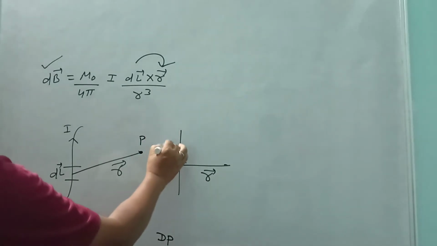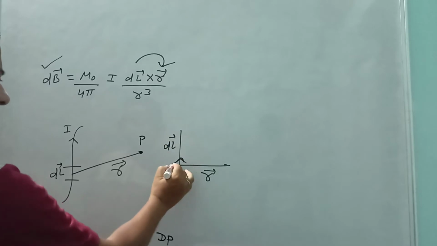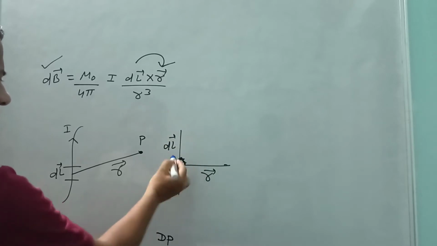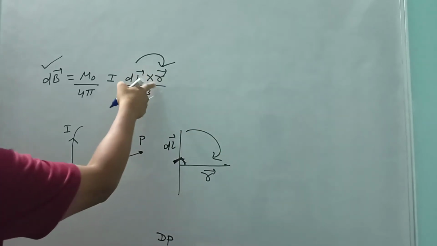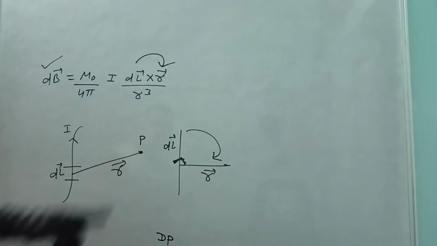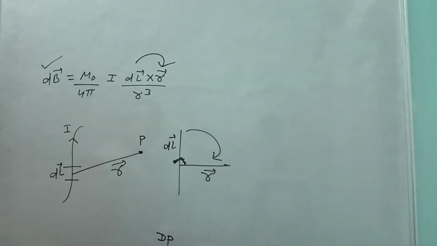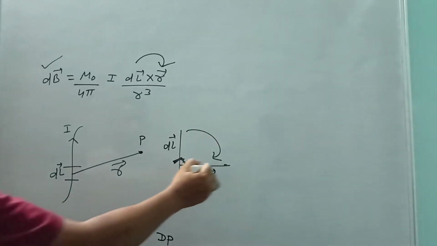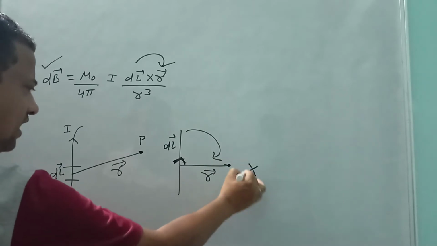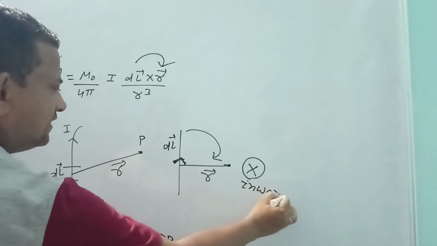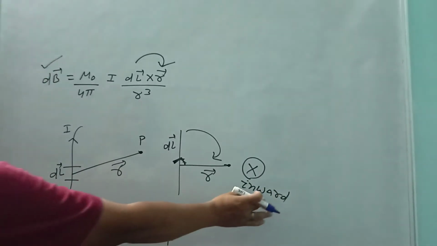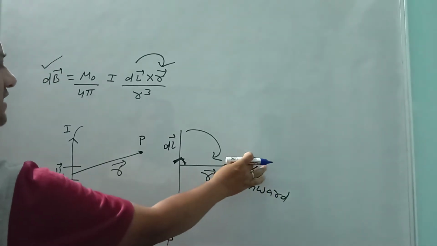Since current is in this direction, dl is in this direction. So dl cross r, I mean rotation from dl to r, if this is clockwise, then magnetic field is inward. This is the symbol for inward magnetic field. Either you write inward or you just give that symbol.